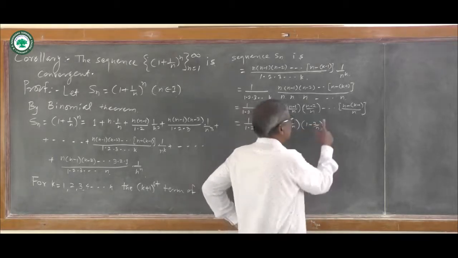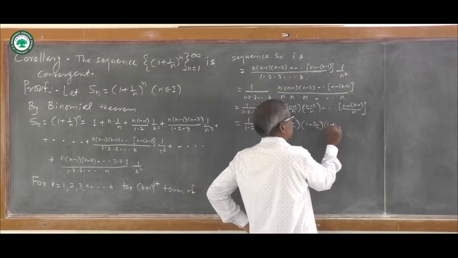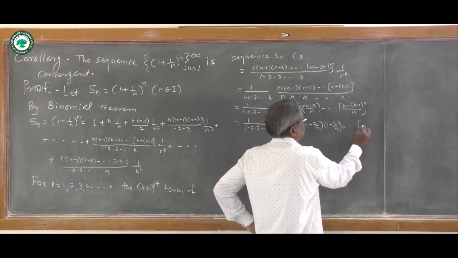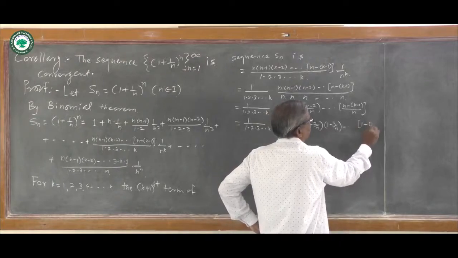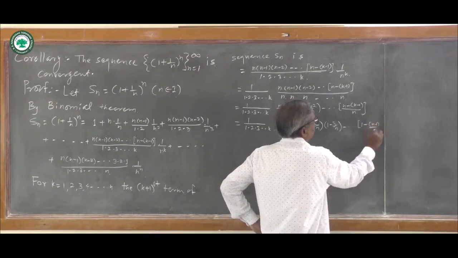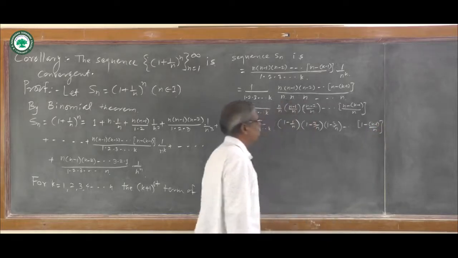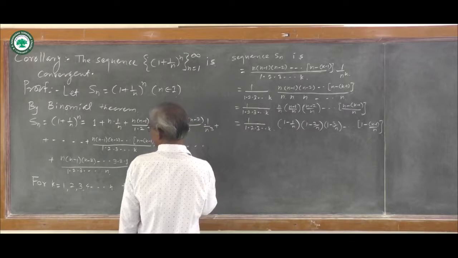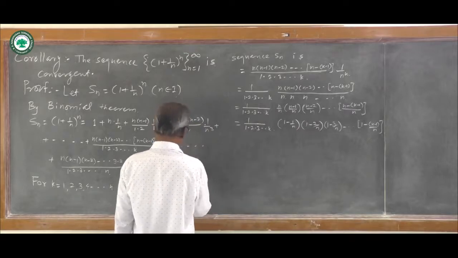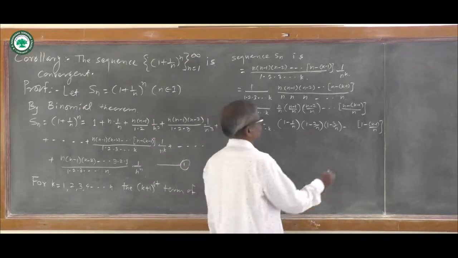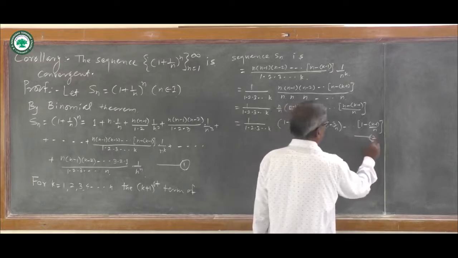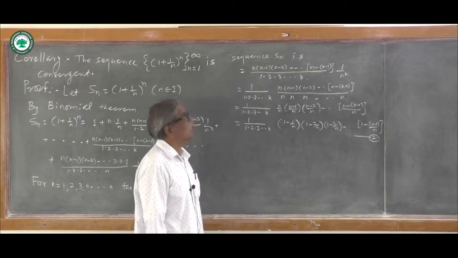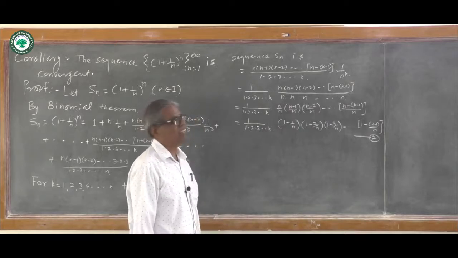Next term is 1 minus 3 by n and so on. Last bracket is 1 minus (k minus 1) by n. This is equation 1. This is relation 2. This is the k plus first term of the sequence Sn.